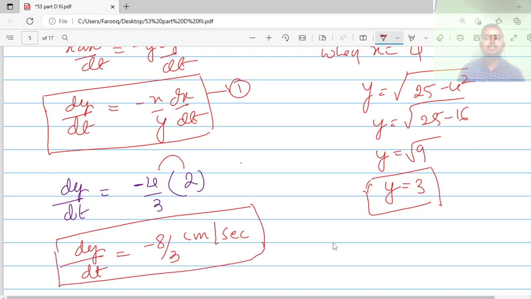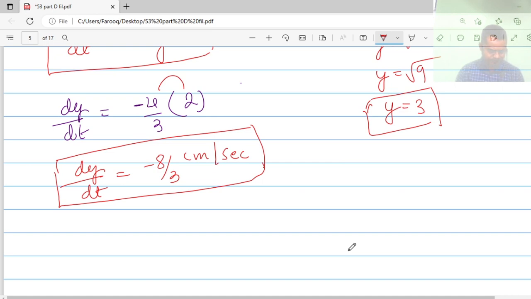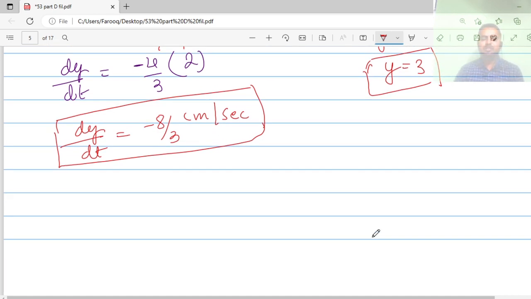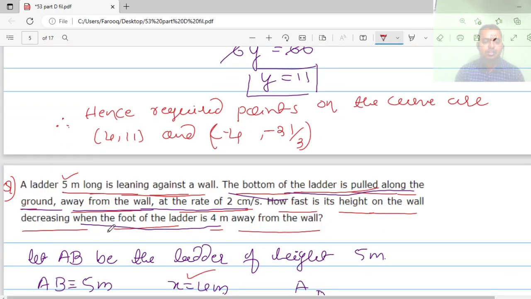Therefore, the rate of decrease of height. What he is asking is, how fast is the height on the wall decreasing when the foot of the ladder is 4 meter away?